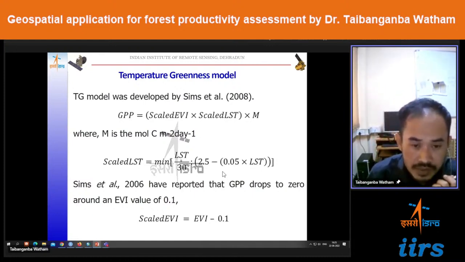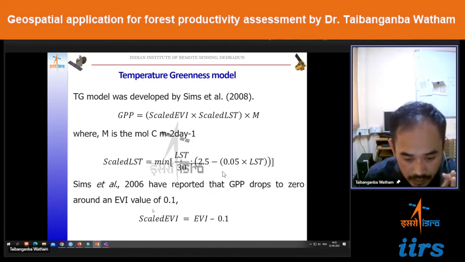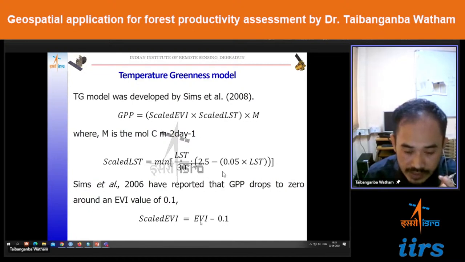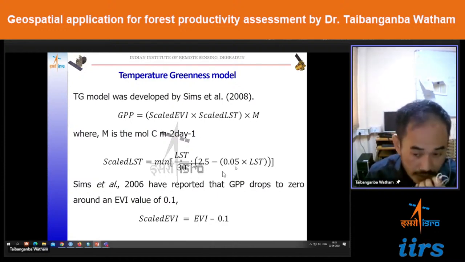So how do we scale the EVI? It is simply subtracting 0.1 from the actual EVI that we have calculated. It will give us the scaled EVI. For scaling of LST, if we go to the original paper, it is very simple. We take the minimum value of LST divided by 30, or otherwise 2.5 minus 0.05 times LST.